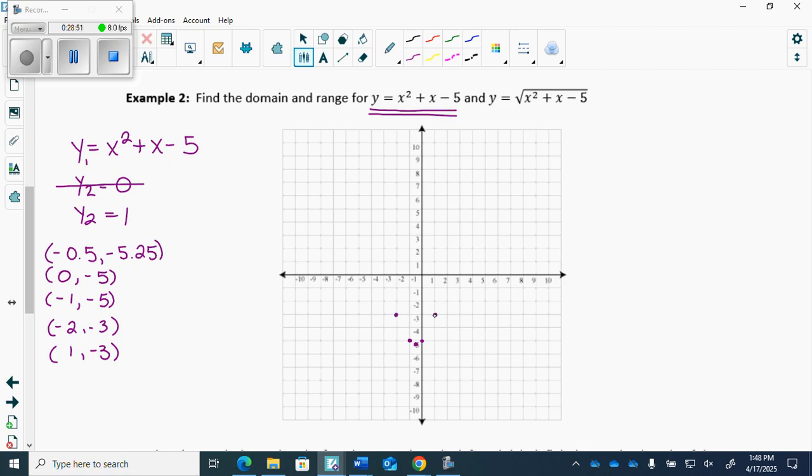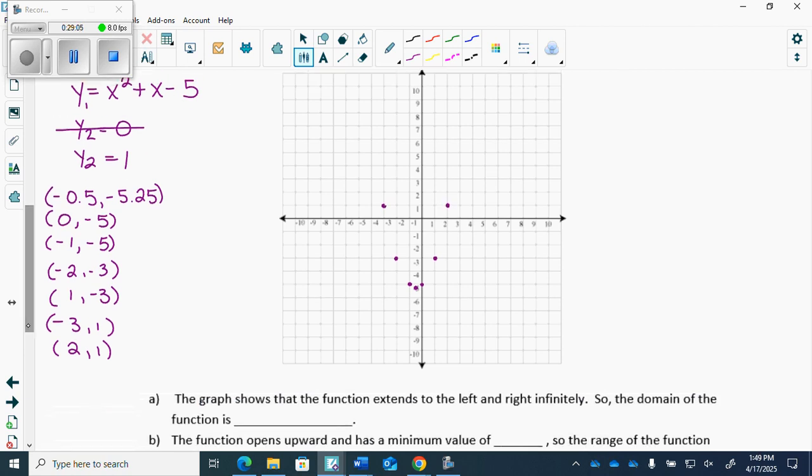And then I get negative 3, 1. And I get 2, 1. And then I get negative 4, 7. 3, 7.